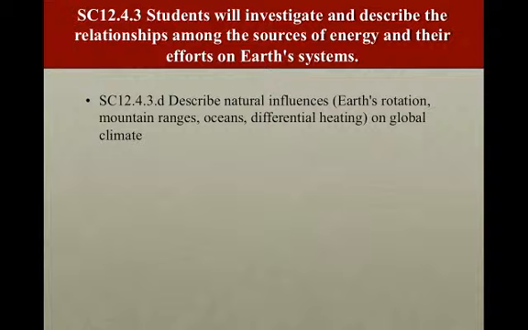Oceans, big bodies of water, will keep the temperature pretty constant in that area. It takes a lot of energy to change the temperature of water, so the water will stay the same temperature and keeps the air around it at a constant temperature. San Diego is about at our same latitude, the same distance from the equator.